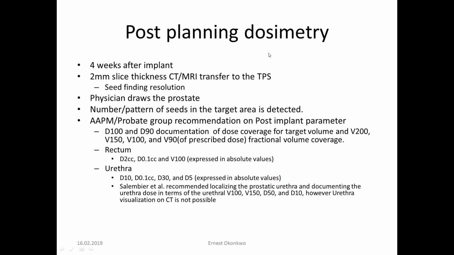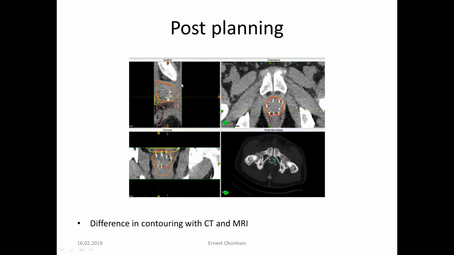Then post-planning dosimetry. We do post-planning 4 weeks after implants. We use 2 millimeter slice thickness. We do CT and MRI. Why? Because with CT, you have this effect: you have overestimation. The red anatomy is the prostate from MRI, and the orange is that from CT.